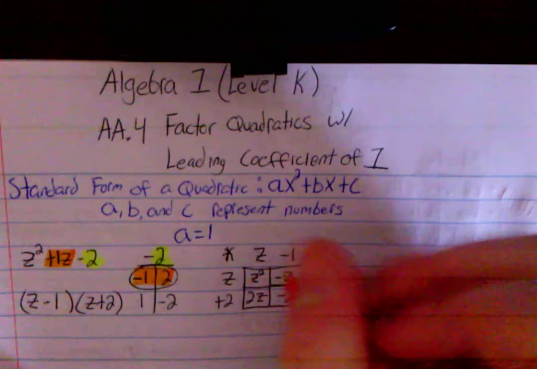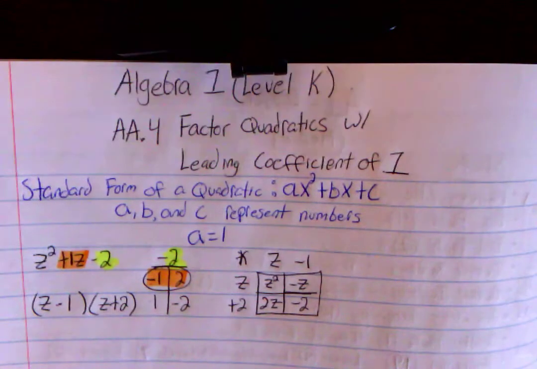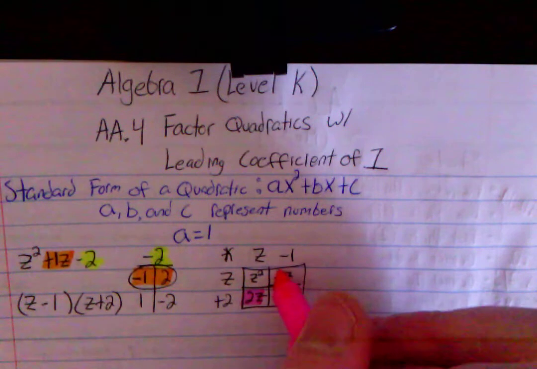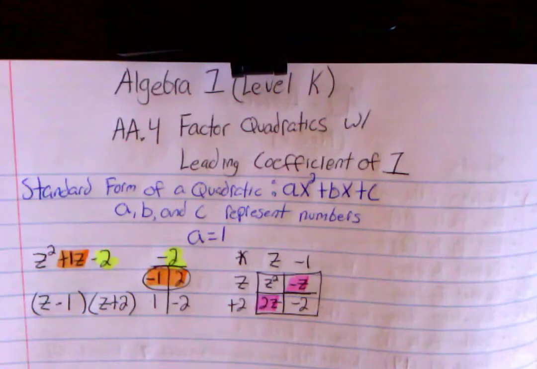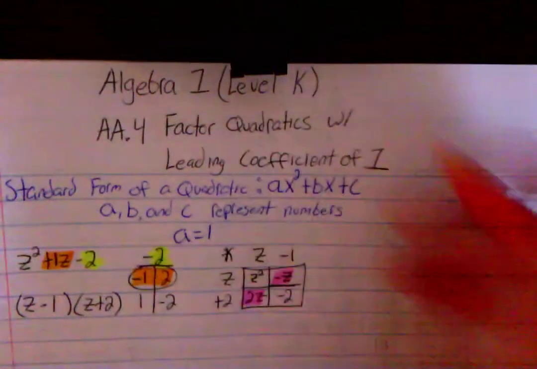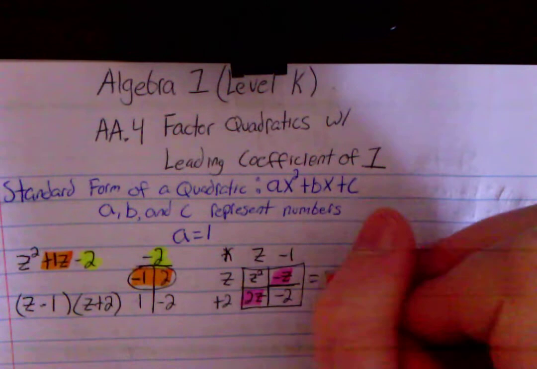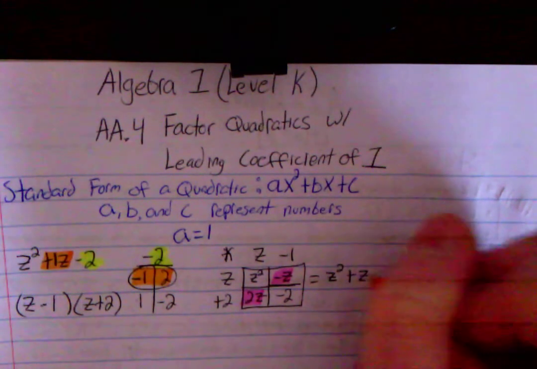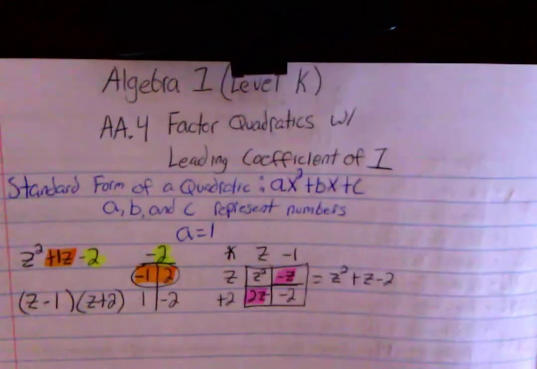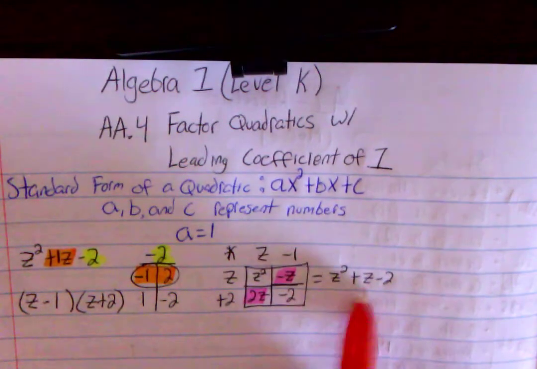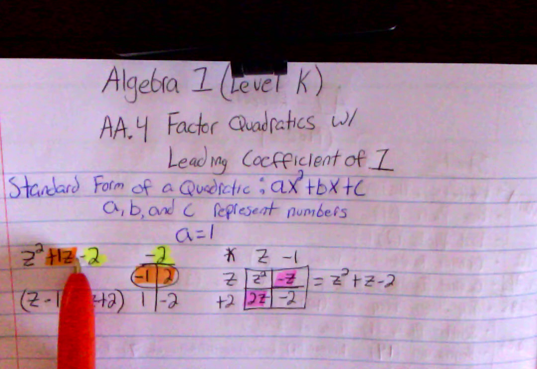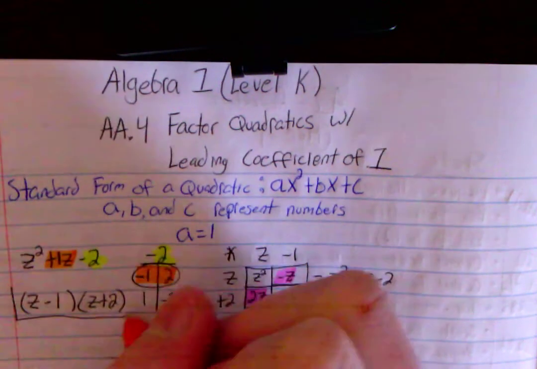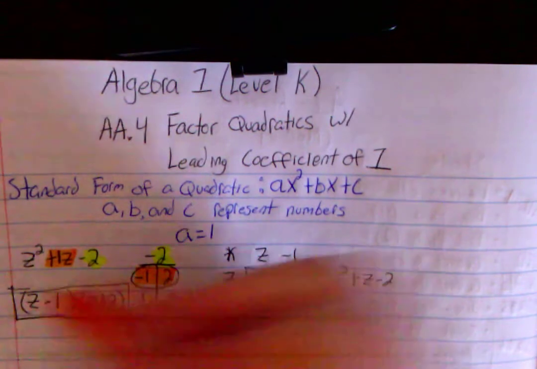I need to combine my diagonal. This is a like term, this is a like term. So this equals z squared plus z minus 2. This answer is the same thing as what we just factored. So our answer is z minus 1, z plus 2.